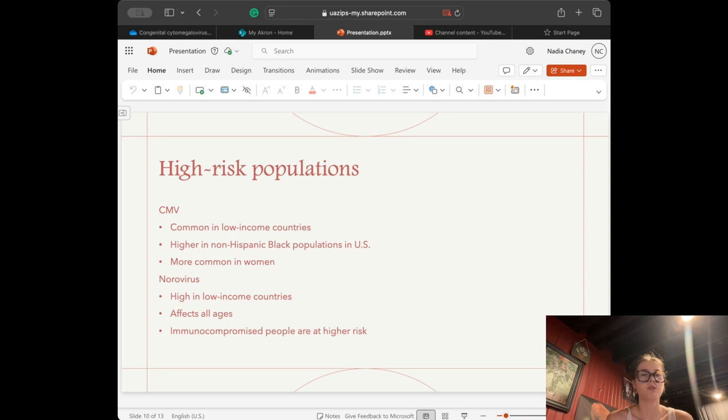It affects all ages. So does CMV, but older adults and children are at a higher risk. Same thing for norovirus. And then immunocompromised people are at higher risk.